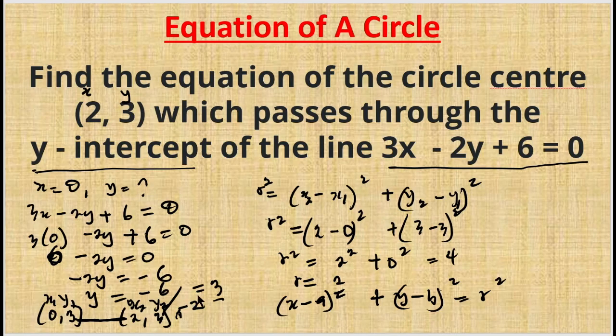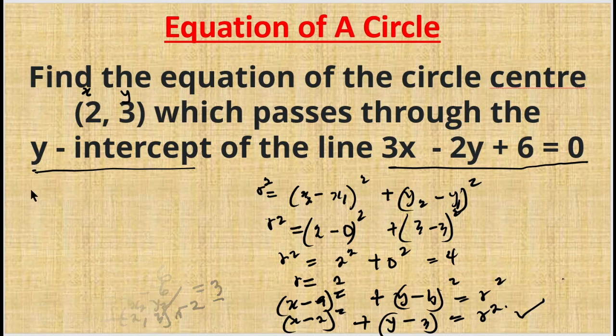Then my a and b obviously is my point 2, 3. So that my x minus 2 all squared plus y minus 3 all squared is equal to r squared. Now this is the equation of the circle. You can decide to stop at this point, or you can go further by expanding it.